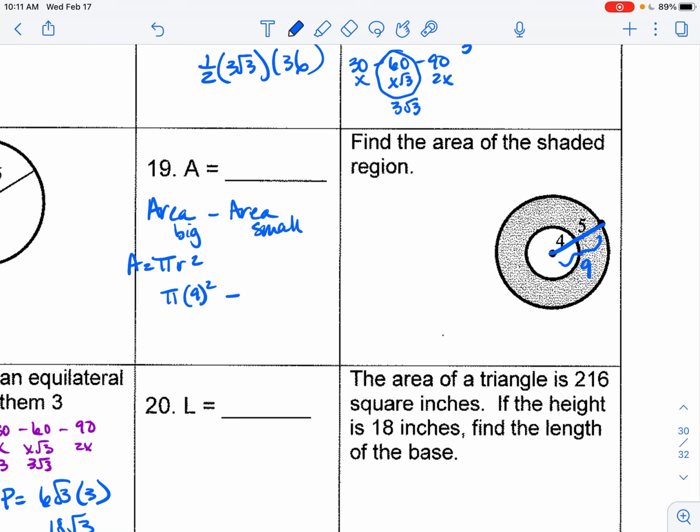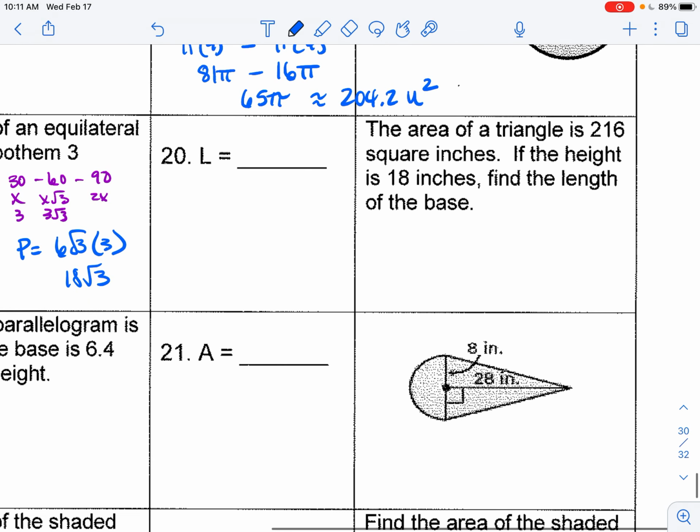So 9 squared minus the area of the small, pi times 4 squared. So 9 squared is 81. 4 squared is 16. If I subtract 81 minus 16, that's going to give me 65 pi. If I wanted to write that as a decimal, that's going to be approximately 204.2, and then this is units squared.